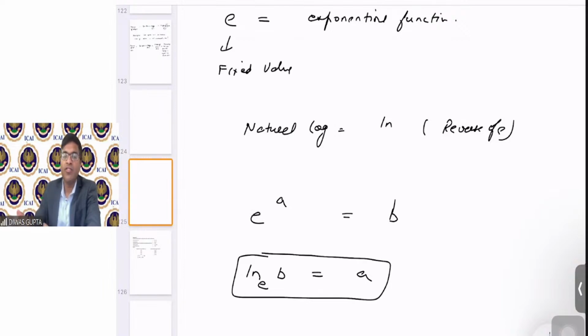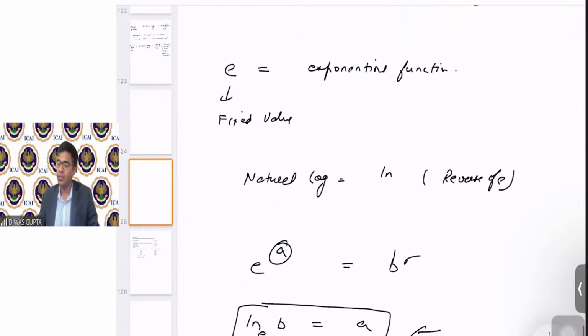If e raised to the power a is equal to b, you have this b value and you have to arrive at what is this a, then you will use natural log. Students, clear? So far, so good. Tell me, students, come on, is this still clear?